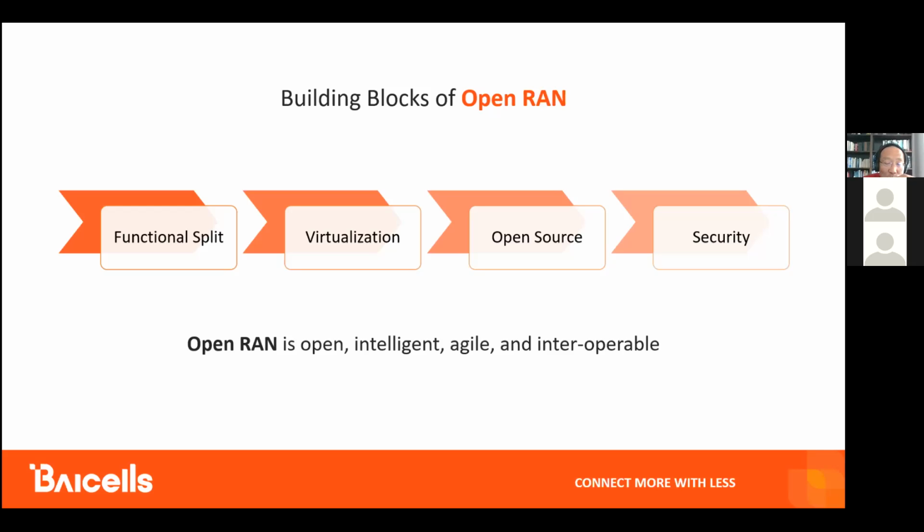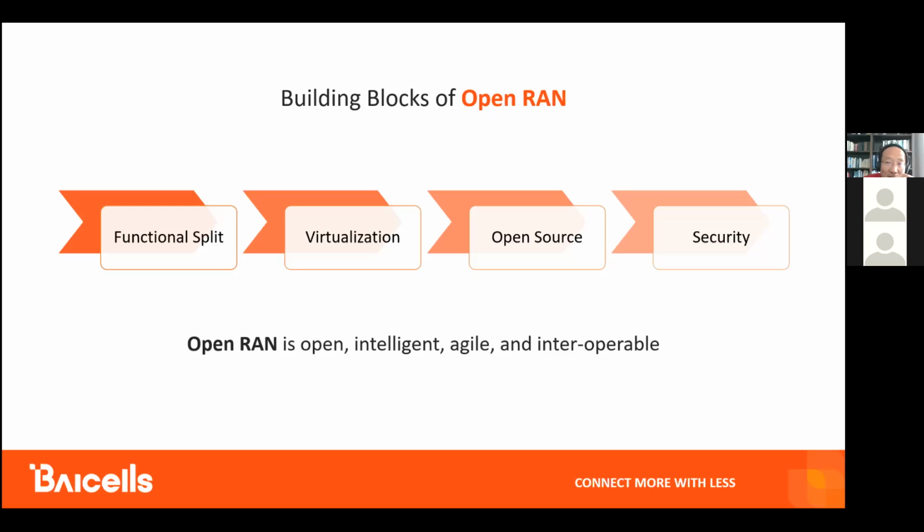The third tool is open source. That is one of the objectives that Open RAN would like to achieve, which is to invite more vendors or service providers to provide functions or intelligence to the RAN network, inviting more vendors into this ecosystem. And lastly is the security tools.